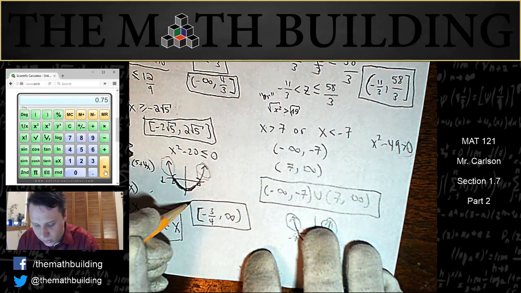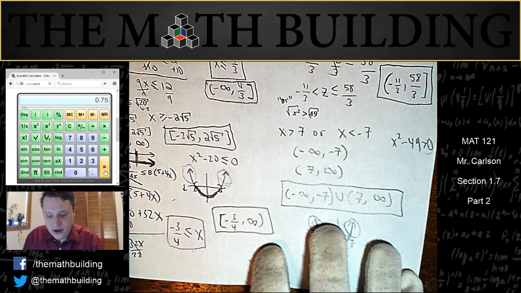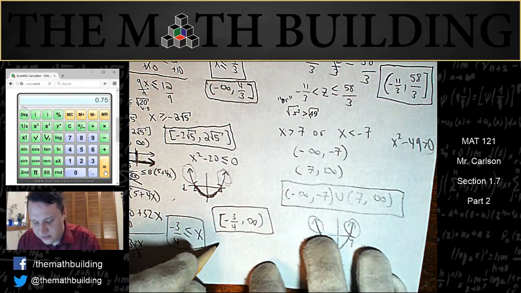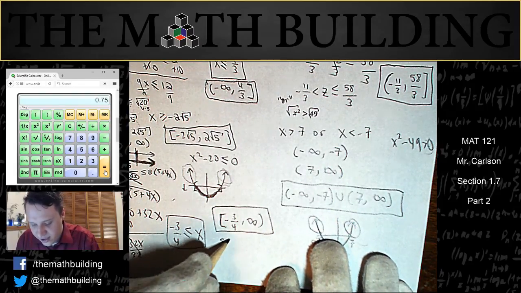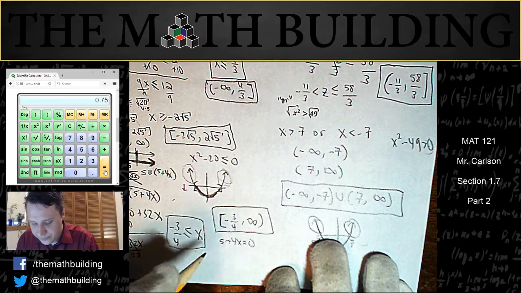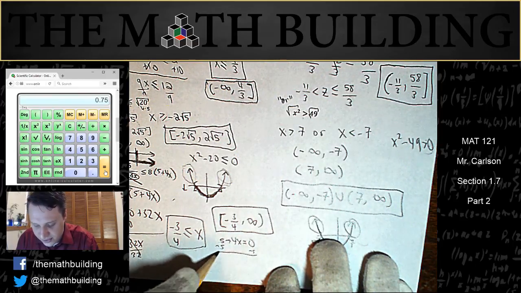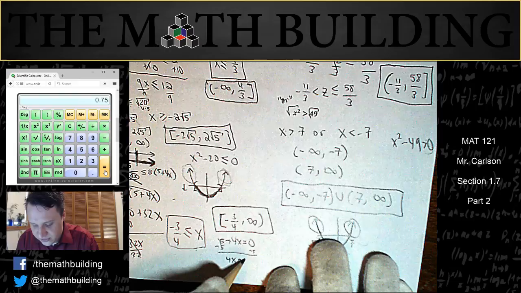So this is great and all, but you may remember there's one number that x can't be. See this down here? This could be a problem if this denominator is 0. So let's solve 5 plus 4x equals 0, minus 5 minus 5. 4x equals negative 5, divide by 4, divide by 4.